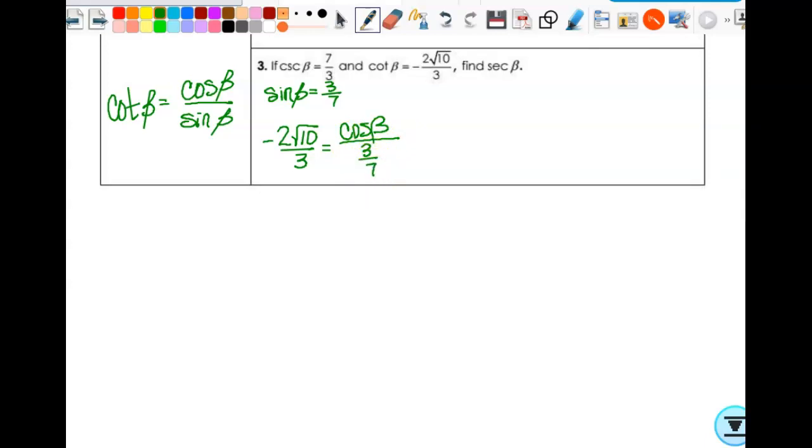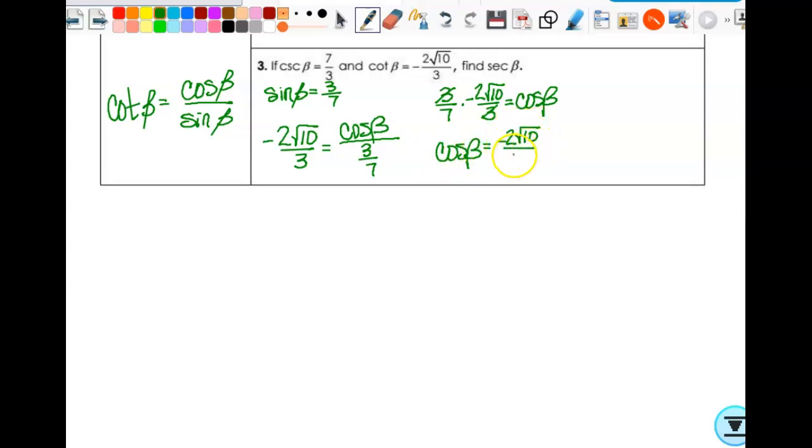So I'm going to multiply both sides by 3/7. So I will get 3/7 times negative 2 square root of 10 over 3. That's going to equal the cosine. So these 3's can cancel out, and I get that the cosine of beta equals negative 2 square root of 10 over 7.